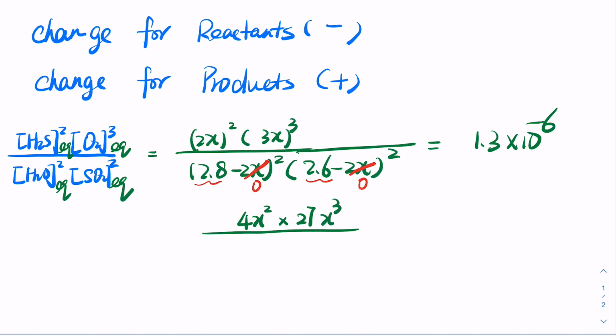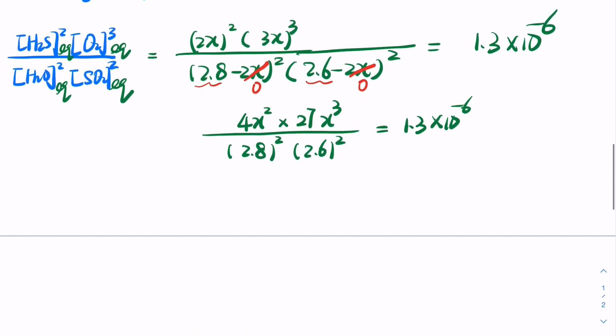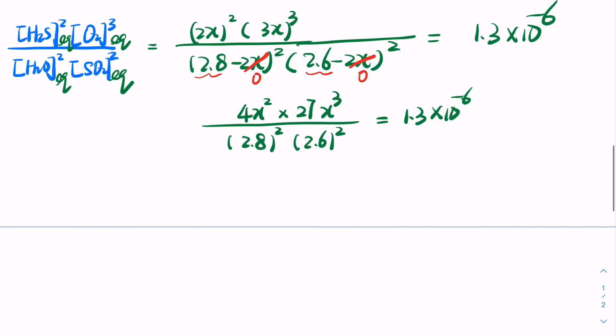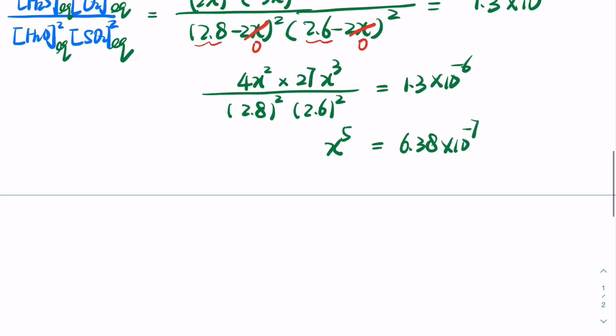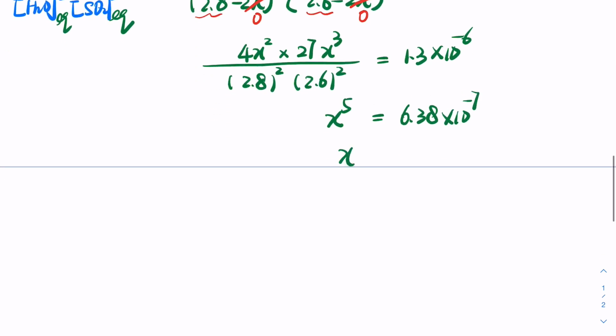Then on the denominator you have 2.8 squared times 2.6 squared, equals 1.3 times 10 to the power of negative 6. Then you solve this: put x on one side and the rest of the numbers on the other. So you have x to the power of 5 on one side, and 6.38 times 10 to the power of negative 7 on the other.